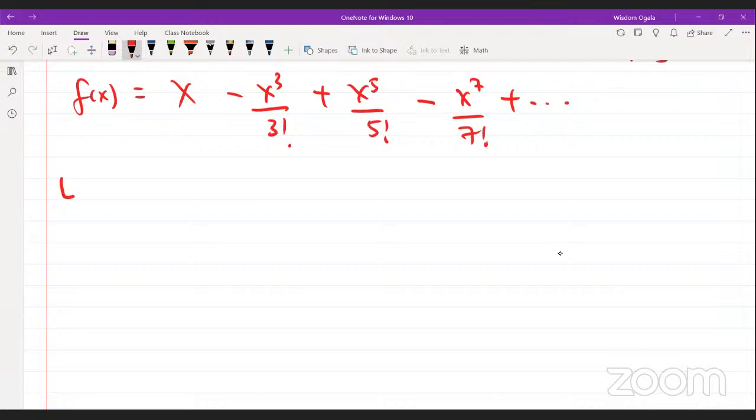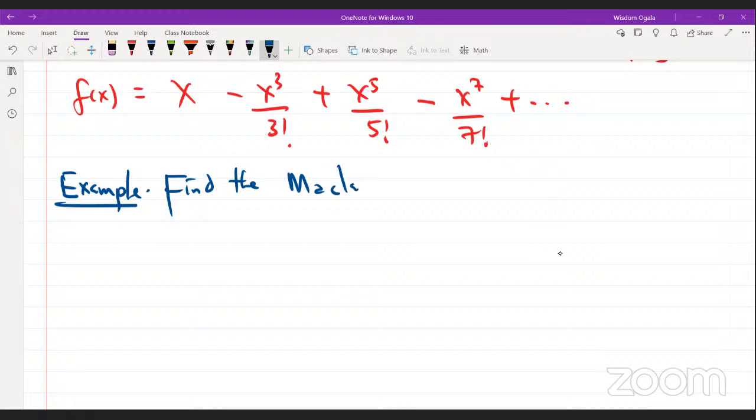Let's look at another example. Find the Maclaurin series, and we're going to step it higher in this case.